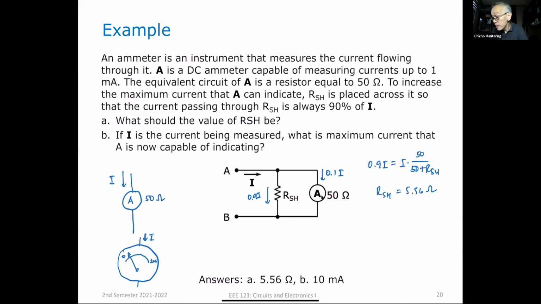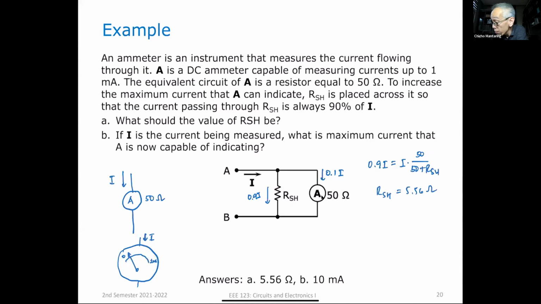Now what is the maximum current that I can measure using this system? So that's letter B. Supposing this is the current I want to measure, I can redraw this scale. Originally, without this resistor, I could measure 0 to 1 mA.